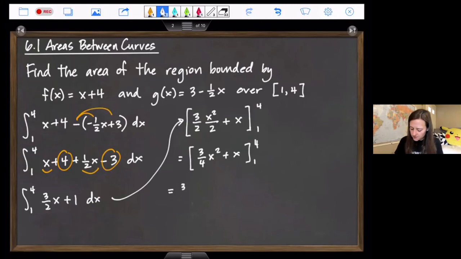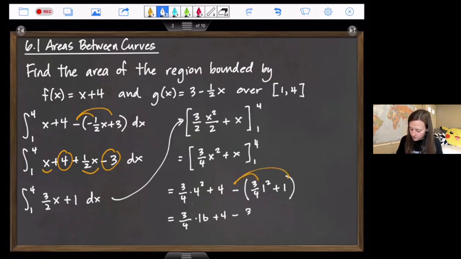So I've got 3/4 times 4 squared plus 4 minus, and I'm going to put a set of parentheses here so I remember to subtract all of it. 3/4 plugging in 1, so 3/4 times 1 squared plus 1. And let's see what we've got left. So this is 3/4 times 16 plus 4. So I'm going to distribute this subtraction to both terms here. I've got minus 3/4 times 1 and minus 1.